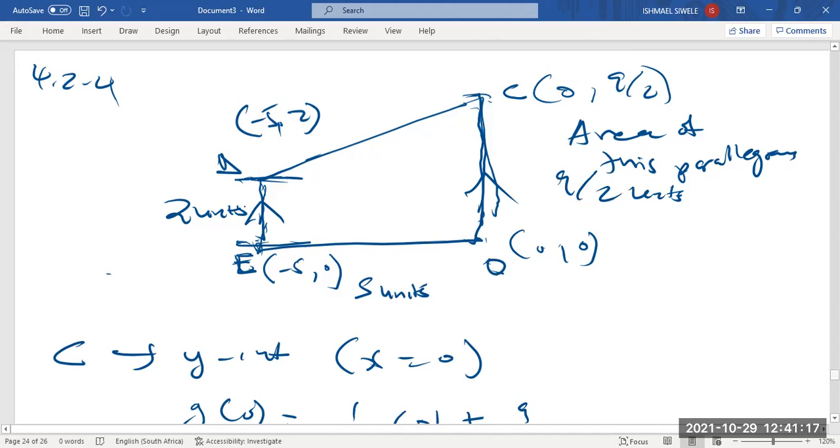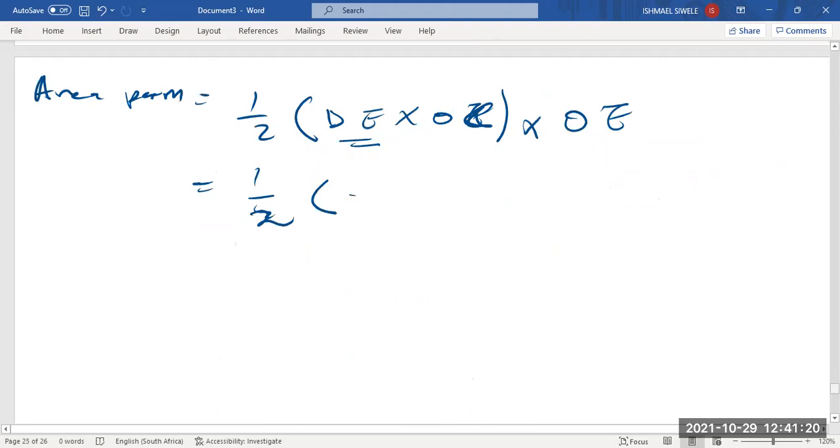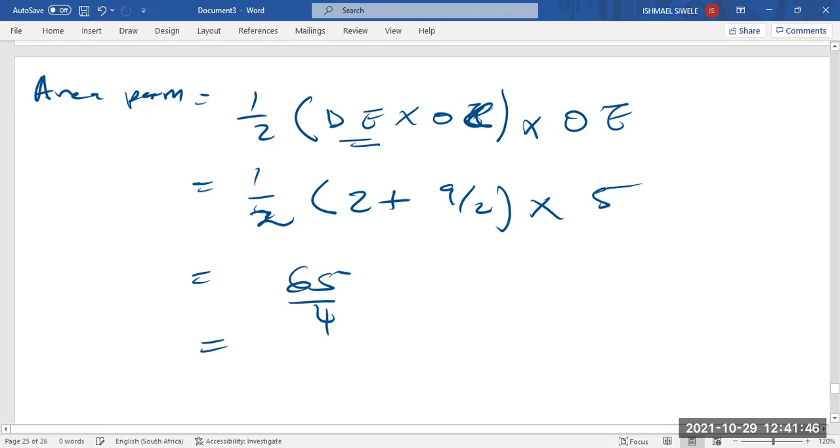Half of 2 plus 9/2 multiplied by OE, which is 5 units, gives us 65/4. And 65/4 is the same as 16.25 square units. There you go.